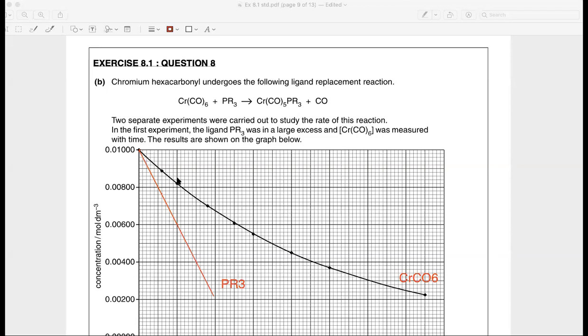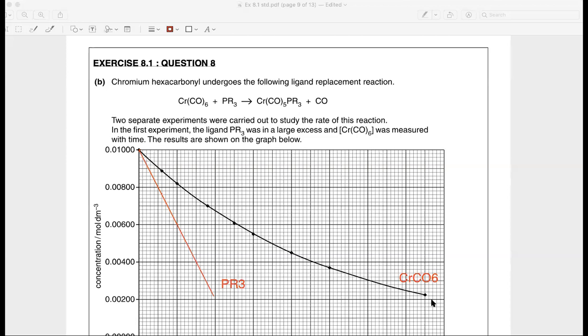That is fine, but it takes more calculations. The second method is half-life. What do we know about the half-life of a first order reaction? Constant. Okay, so you can find the half-life for the chromium complex.